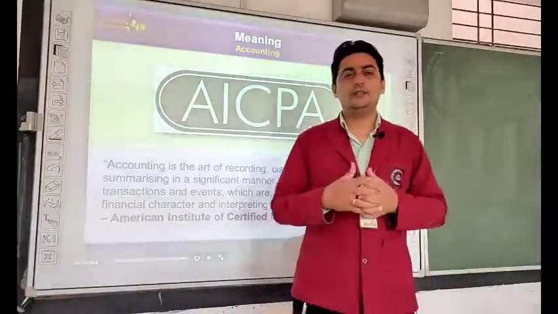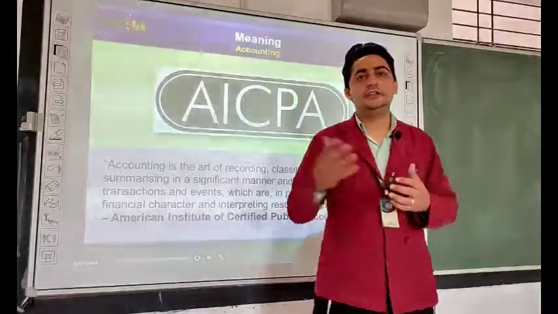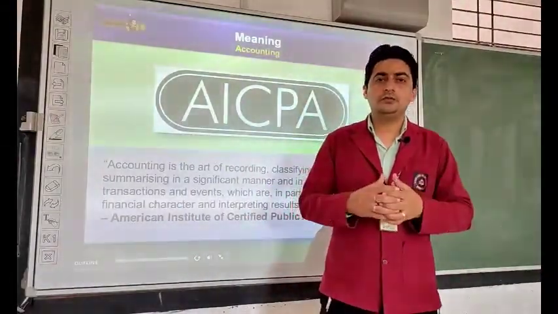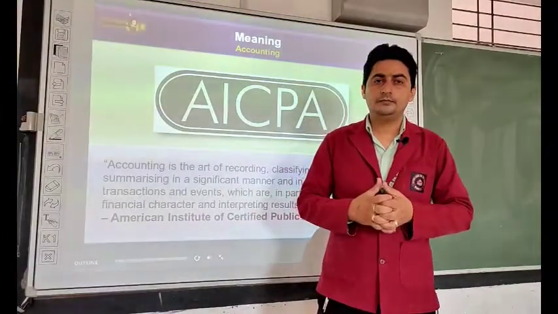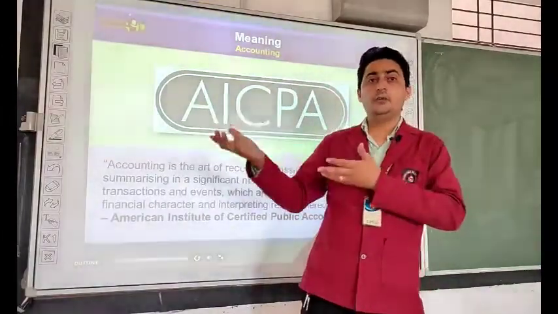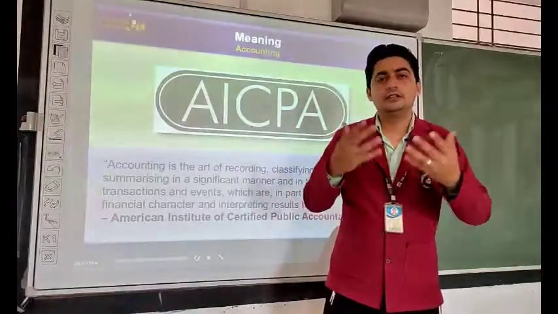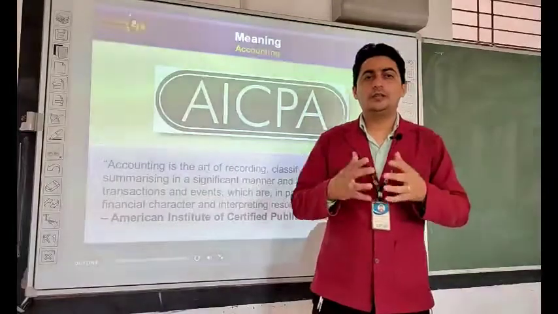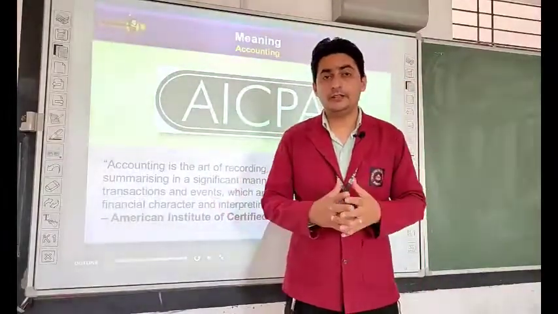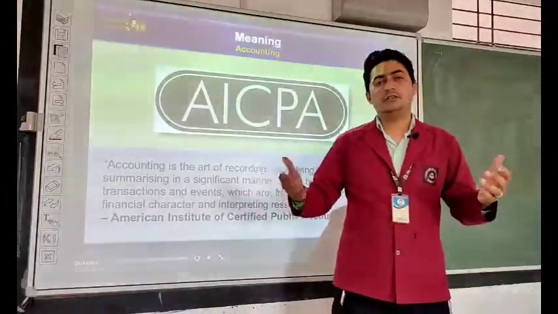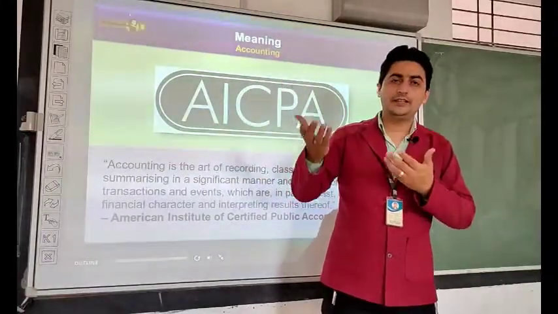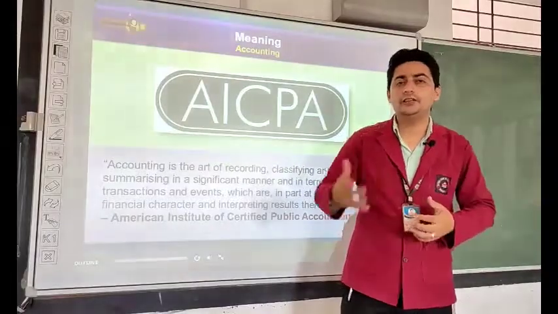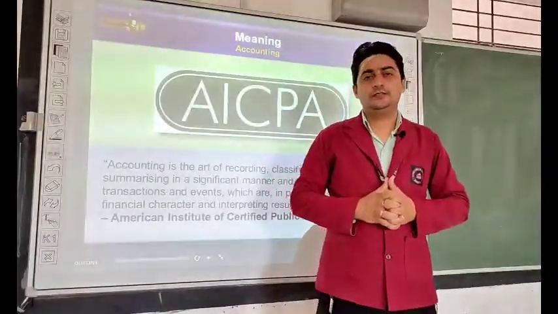If I go and say creditors and debtors to science students, they will not be able to understand these terms. Why? Because they are not commerce students, they have not learned about it. But if they had learned about it or heard about it somewhere, they would be able to understand what creditors and debtors are. So accounting is a language, but broadly I can classify it: accounting is a process of recording, classifying, summarizing, analyzing, interpreting and communicating financial data to its users. Okay students?